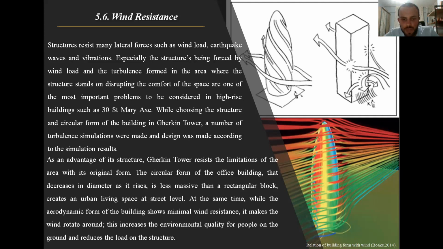At the same time, while the aerodynamic form of the building shows minimal wind resistance, it makes the wind rotate around. This increases the environmental quality for people on the ground and reduces the loads on the structure.